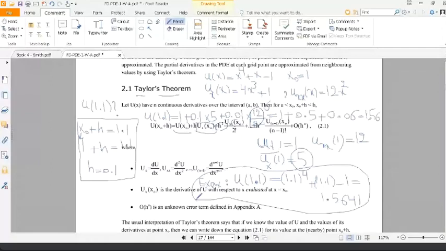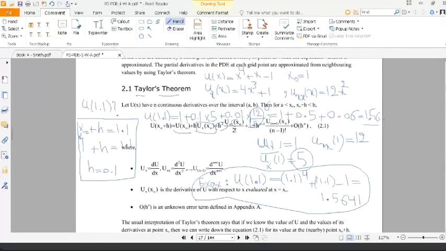But 1.56 is the approximate solution because I use Taylor's theorem and use only three terms of the right hand side of the Taylor theorem. 1.56 is the approximate solution, but 1.5641 is the exact solution. The difference between the exact solution and the approximate solution is the truncation error.